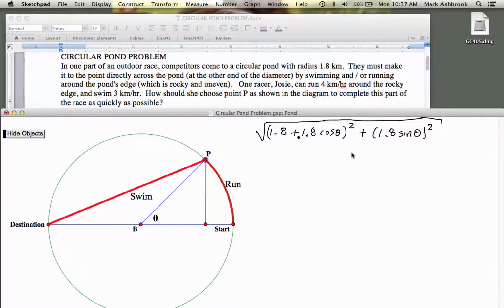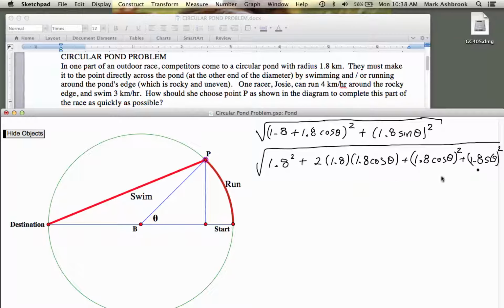So I want to show how I got that simplified expression that I used in the time function. Okay, so we can expand this. And when you expand this, you get 1.8 squared plus 2 times 1.8 times 1.8 cosine theta plus (1.8 cosine theta) squared. And that was plus (1.8 sine theta) squared. I'm just going to write s theta for room here, meaning that's sine theta. And that's all under the square root.